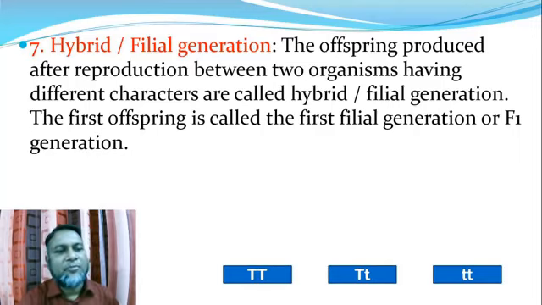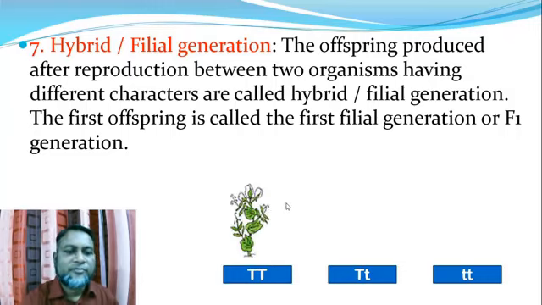Next, we discuss hybrid or filial generation. The offspring produced after reproduction between two organisms having differing characters are called hybrid or filial generation. The first offspring is called the first filial generation or F1 generation. In this figure, capital T is homozygous for long plants.